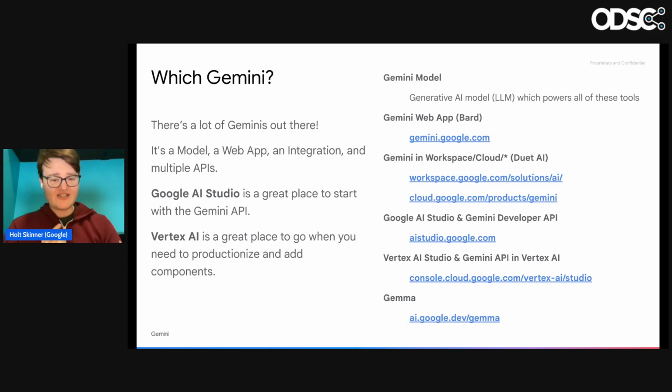And then on the API side, we have Google AI Studio and the Gemini Developer API, which you can access at aistudio.google.com. That's the place we recommend people start with the Gemini API. And if you need to do anything production grade, or add other components or storage, or batch prediction or anything like that, then Vertex AI is what I would recommend using for that. Vertex AI is Google Cloud's end-to-end AI platform.